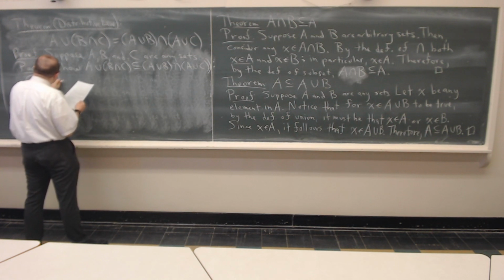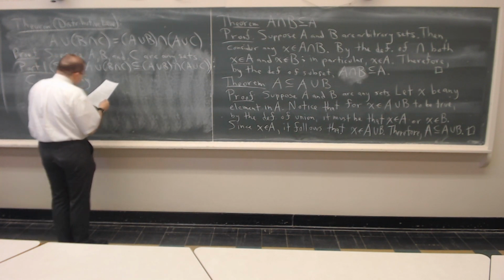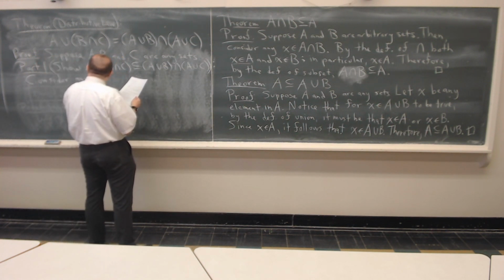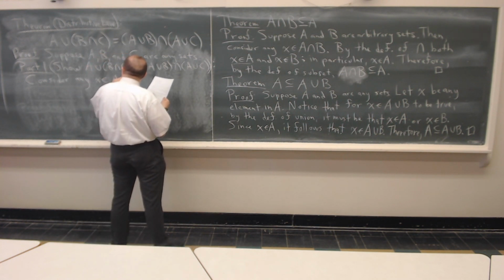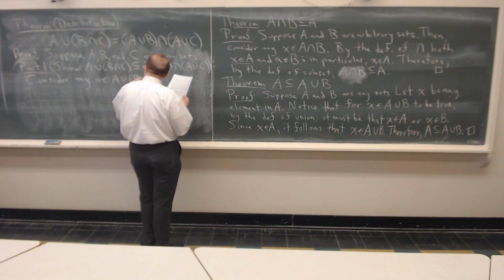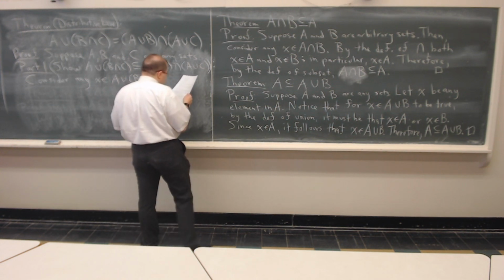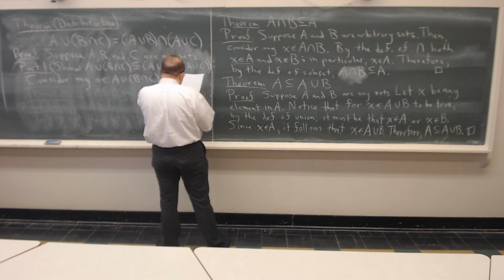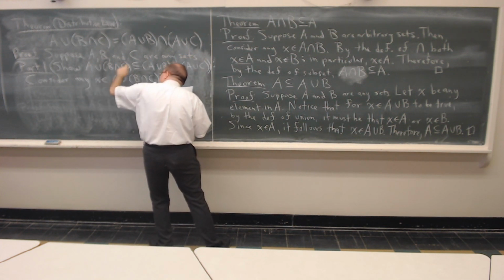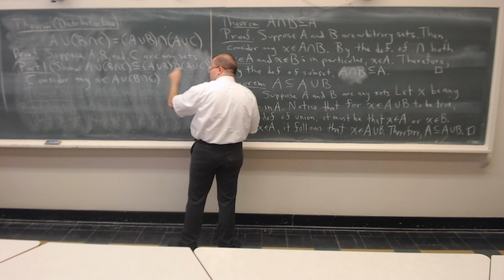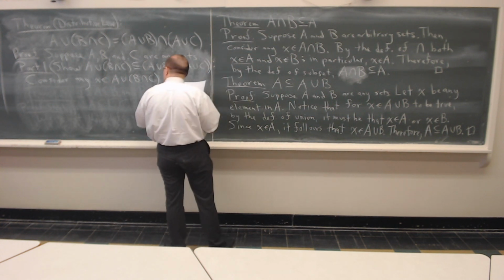Consider any x in A union B intersection C. Because I know that x is in this one, I need to show that it belongs to this one. So consider any such x.